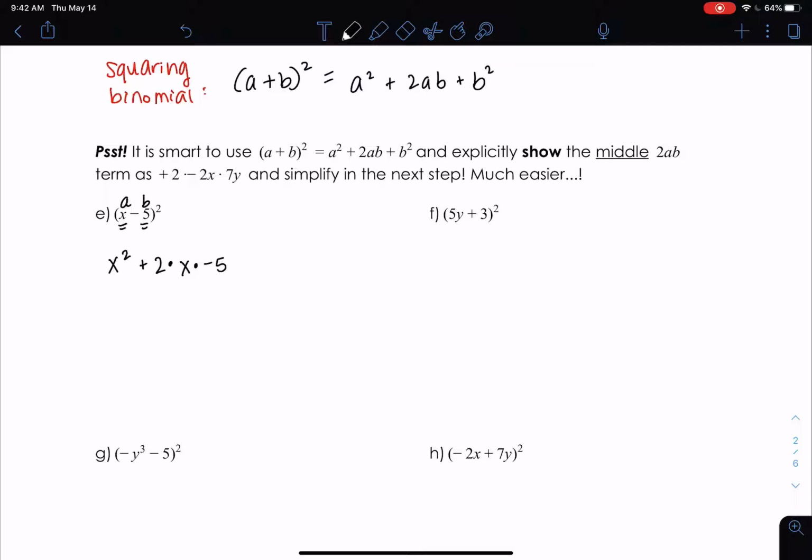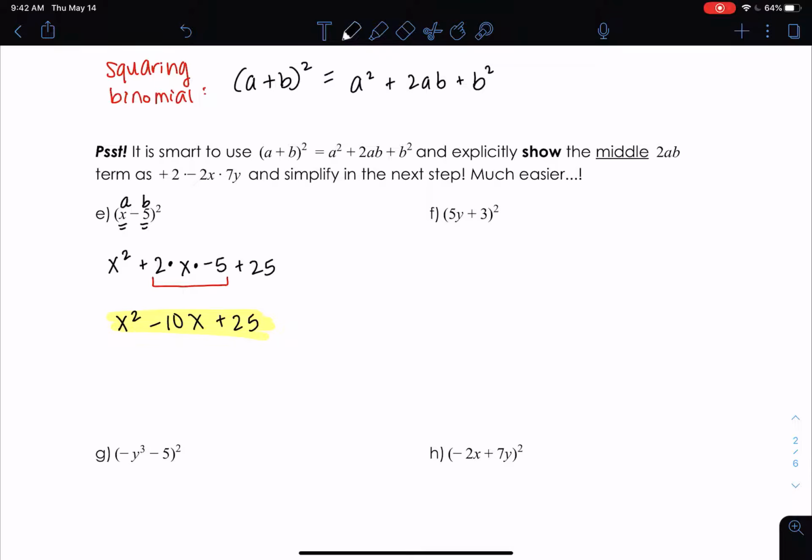For my next term, I'm going to square the last term. So it's going to be negative 5 times negative 5, which is plus 25. For the next step, I just need to simplify the middle term. So we have x squared, 2 times negative 5 is minus 10x plus 25. And we're done.